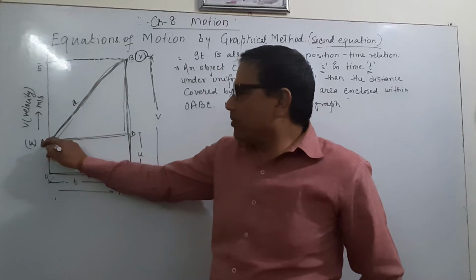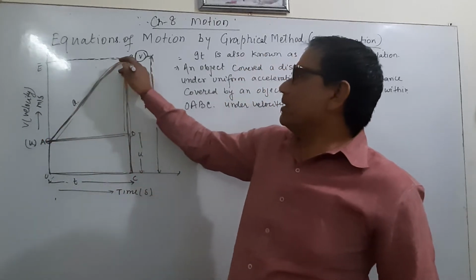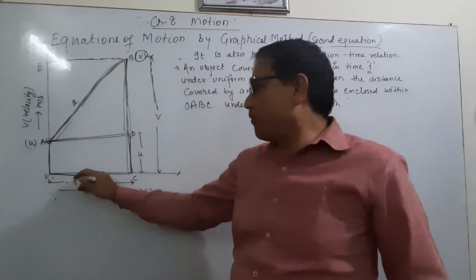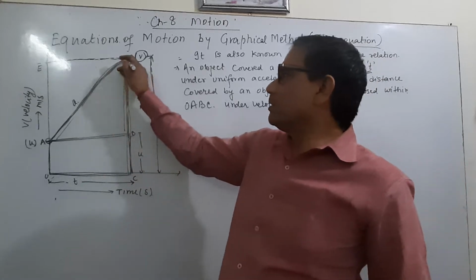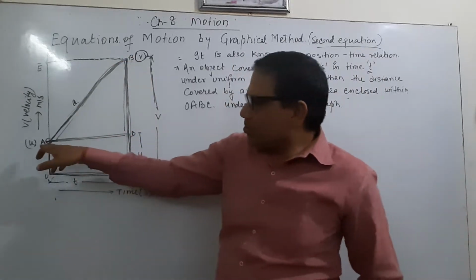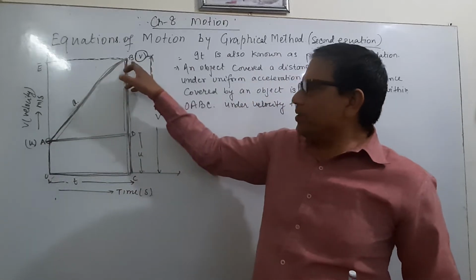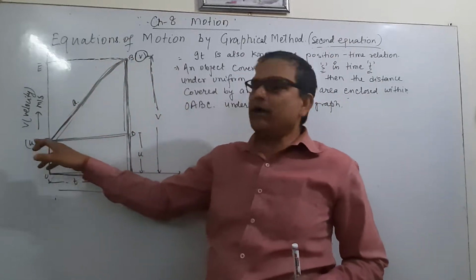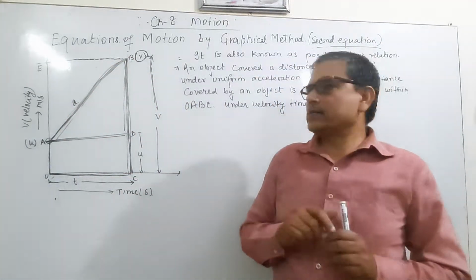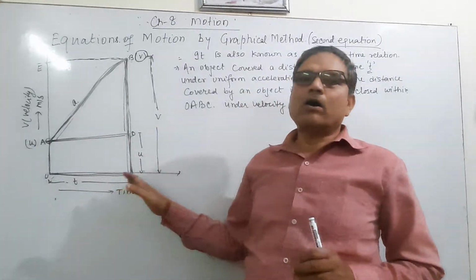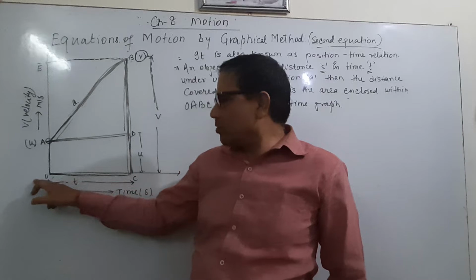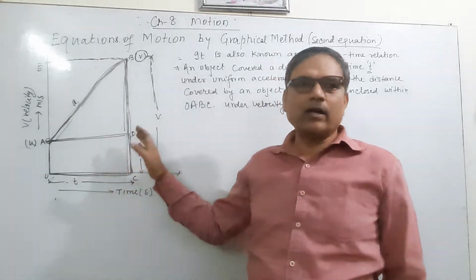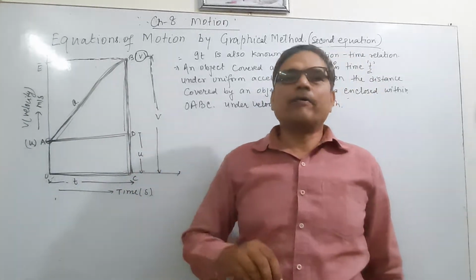If the object starts from A and reaches B, and then from B we draw a perpendicular to the x-axis, and from A a perpendicular to the x-axis, then it forms a closed figure known as OABC. And the area of this closed figure represents the distance covered by an object.